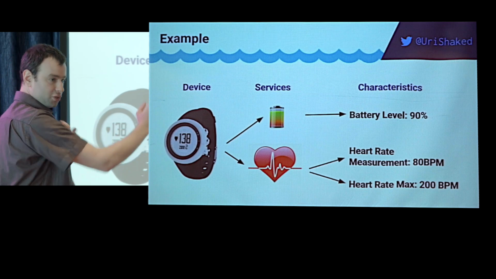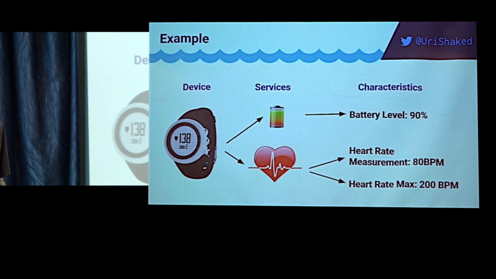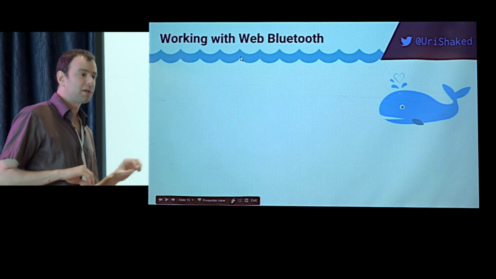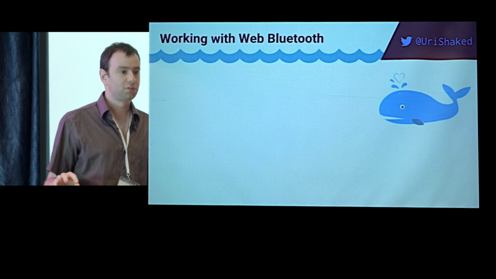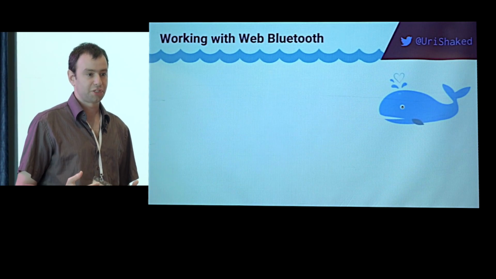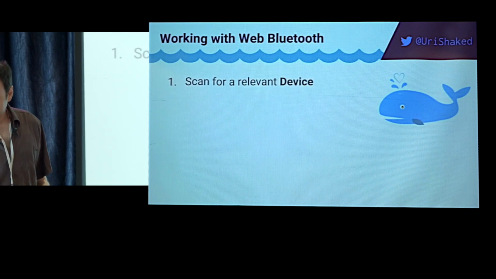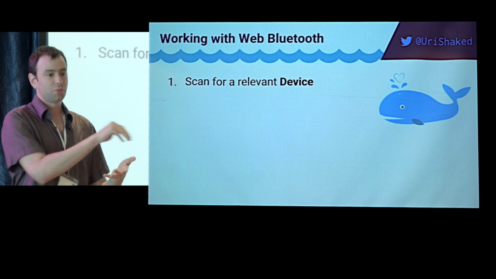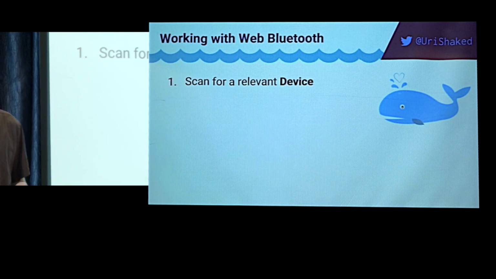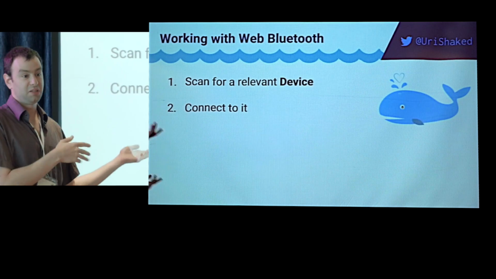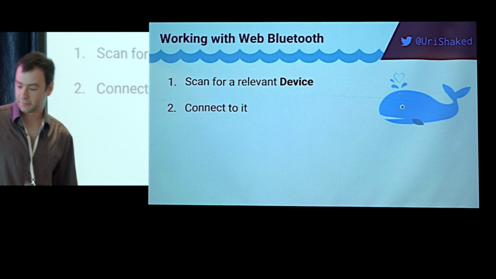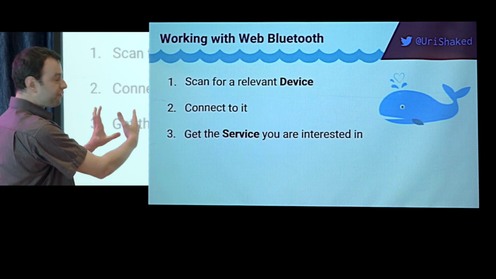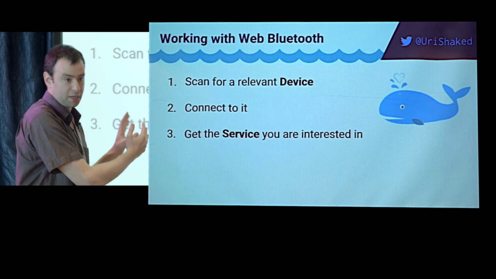So remember this image, because now we are going to talk about how we use Bluetooth. And this is a pattern that repeats every time you want to connect or interact with a Bluetooth Low Energy device. Follow that. First of all, you scan for the device. So you just scan and let the user choose which device he wants to connect to. Once you found the relevant device, you definitely need to connect with it so you can interact with it. And then, going back to the previous slide, you need to fetch the service from the device, the service that you want to work with.